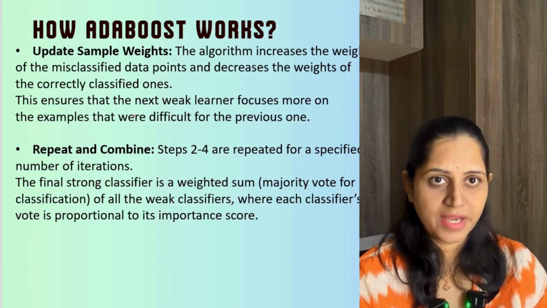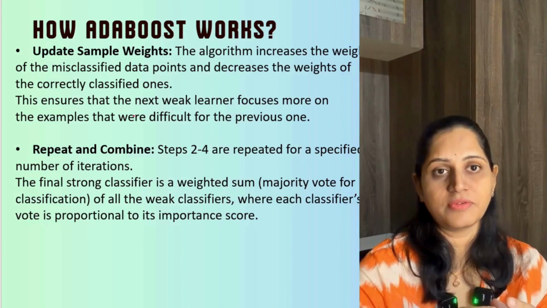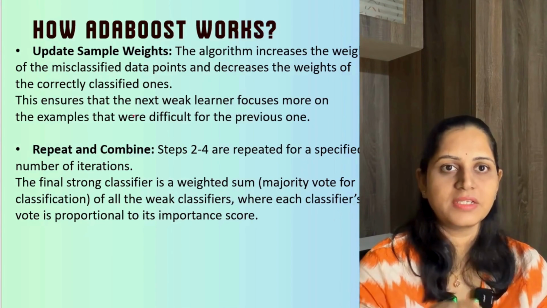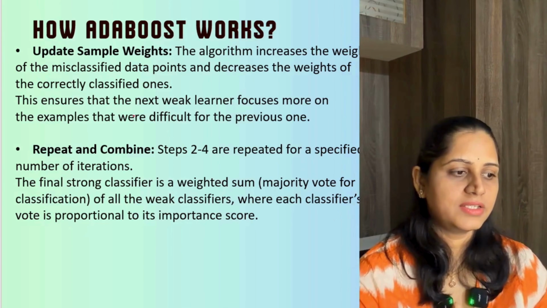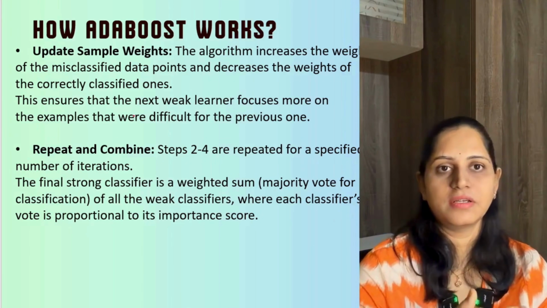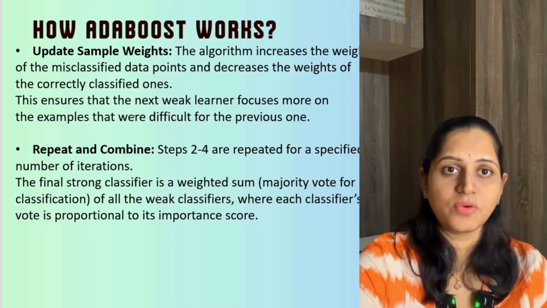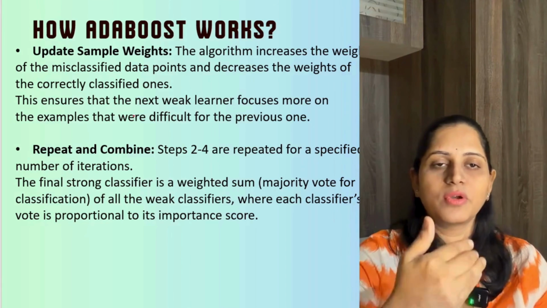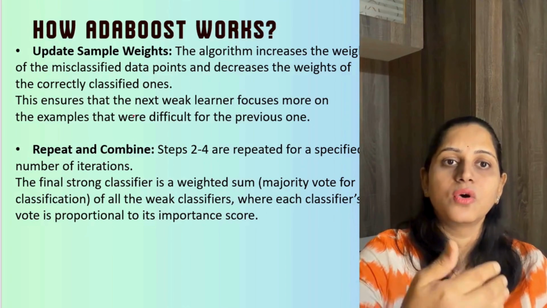We take the misclassified data points, increase their weights, and update the weights. Then we repeat the steps: we have got weak learner 1, then we take the updated weights and train weak learner 2.